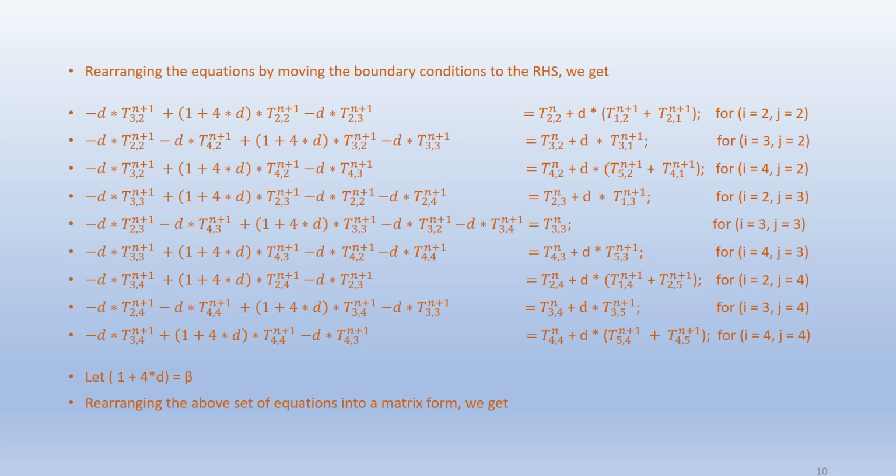Accordingly, we get minus d times T(3,2)^(n+1) plus (1 plus 4d) times T(2,2)^(n+1) minus d times T(2,3)^(n+1) equals T(2,2)^n plus d times T(1,2)^(n+1) plus T(2,1)^(n+1) for node i equals 2 and j equals 2.